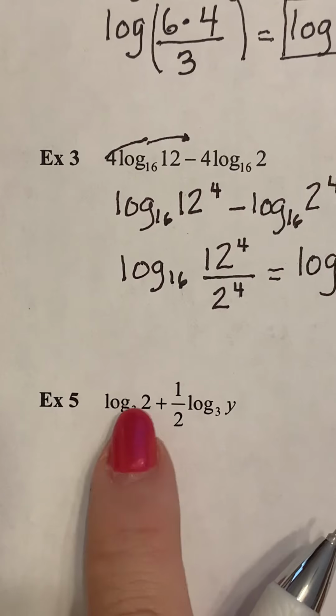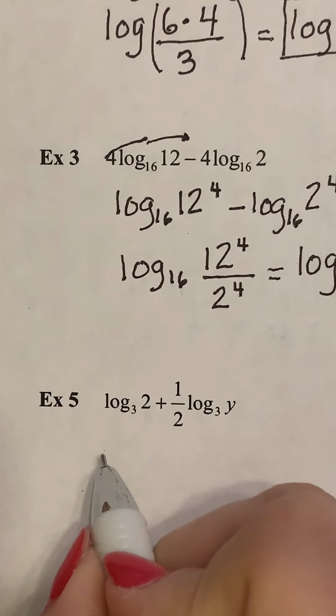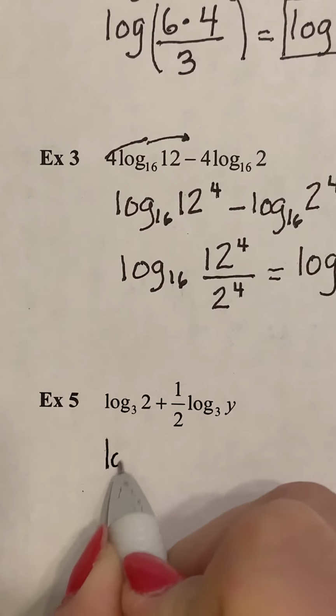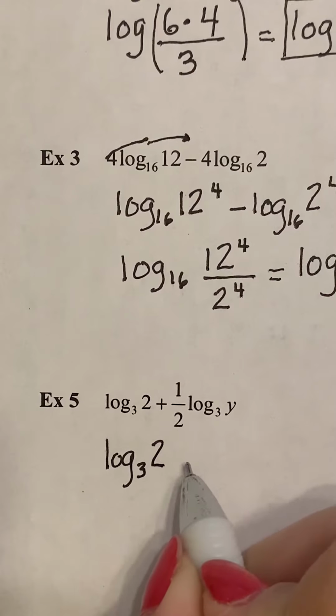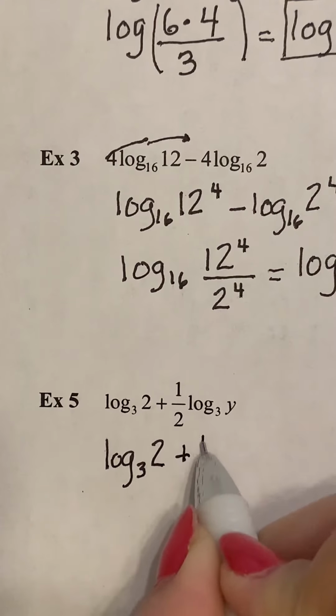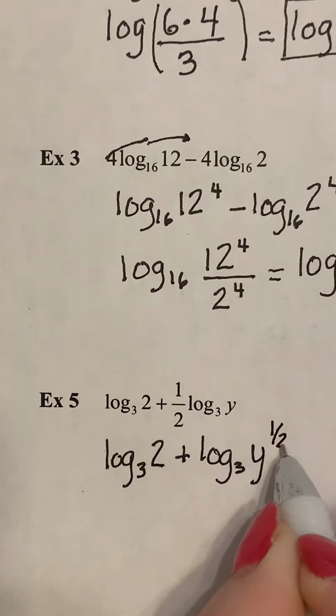All right, this one, there's nothing in front to do that, so we're just going to leave that as log base 3 of 2. We're going to put the 1/2 at the top: log base 3 of y to the 1/2.